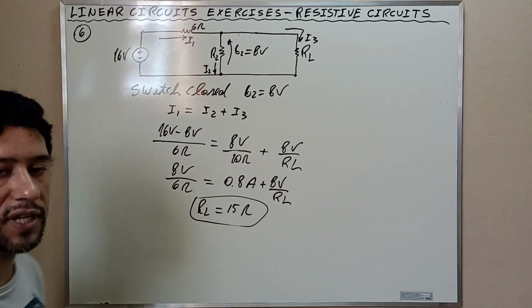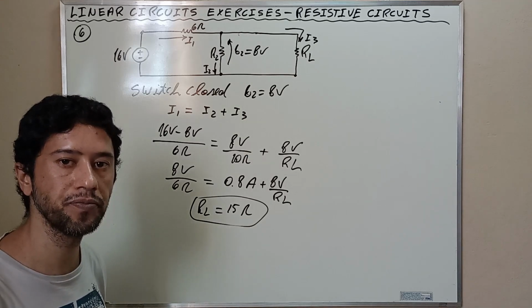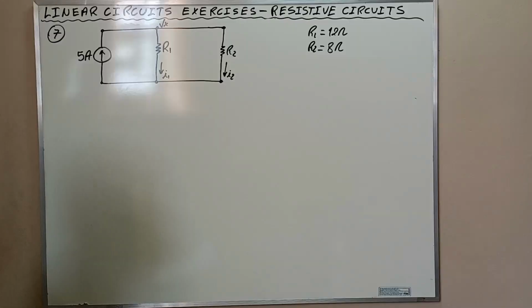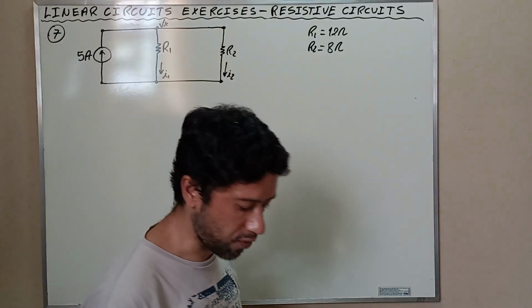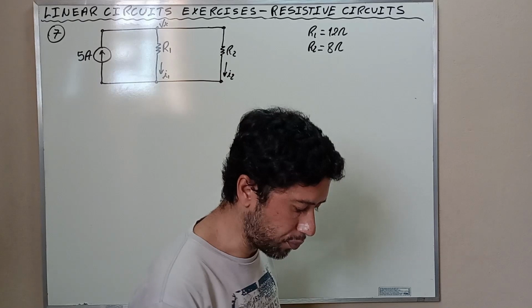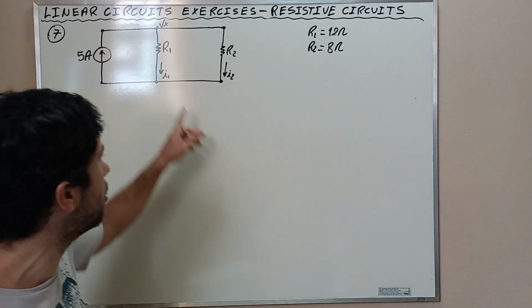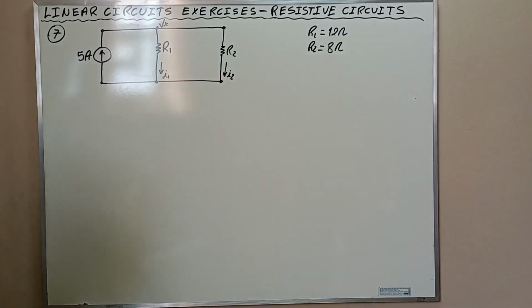Let's go to exercise number 7 now. Use the current division principle to calculate the values of I1 and I2. Alright, this is what we are going to do. But before using the current division principle, we are going to use some introductory concepts to understand what's going to happen.